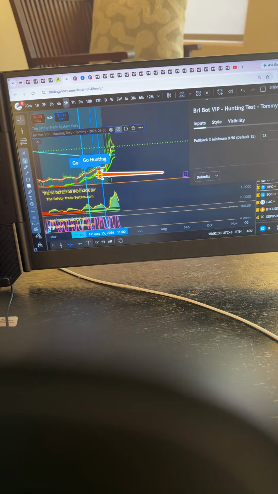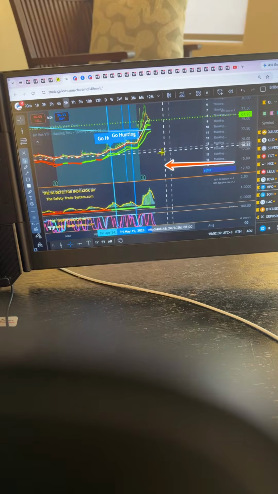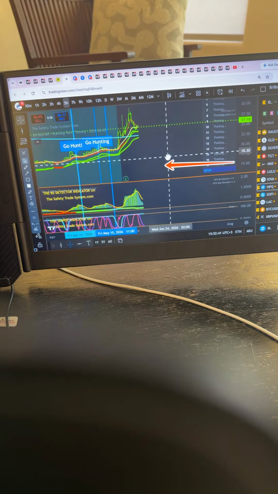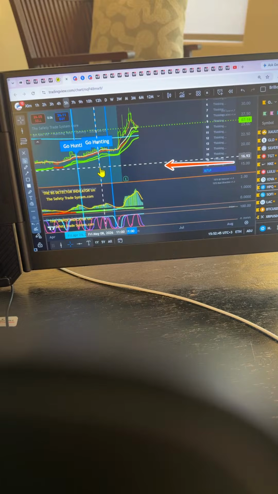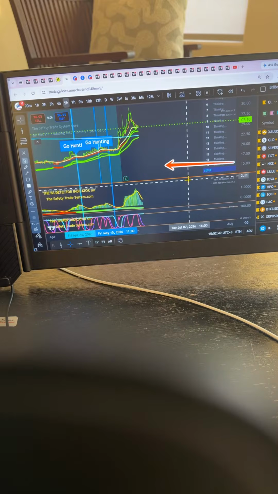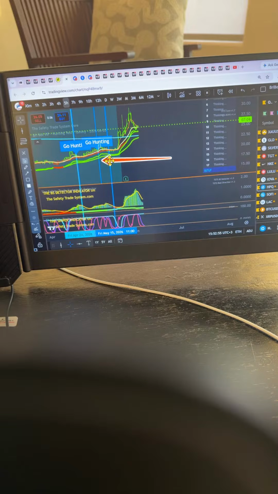Okay. So here's your go hunting. The correct one would have been this first one. Tommy said because the red reset it. It called it again. I don't see, oh, this is the reset. That's so tiny. Well, close enough. All right. There's red right here. Then another go hunting.